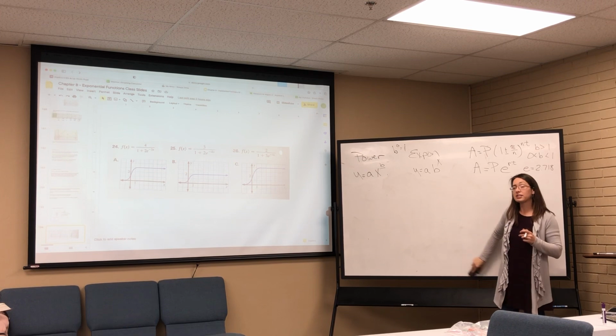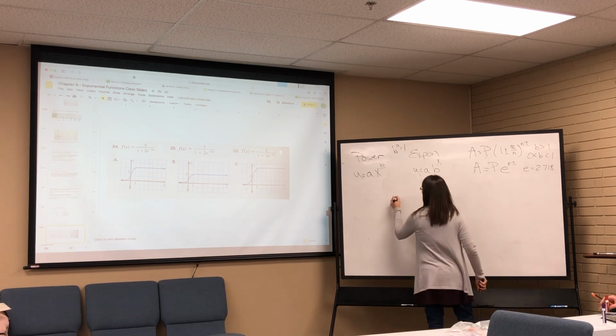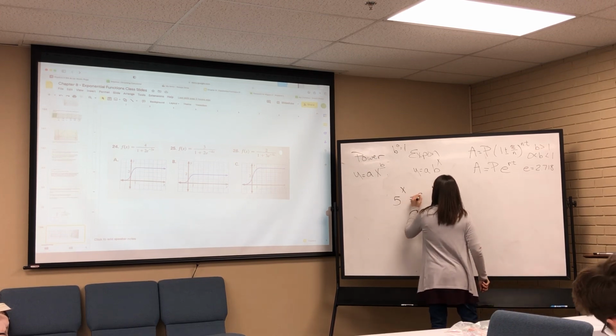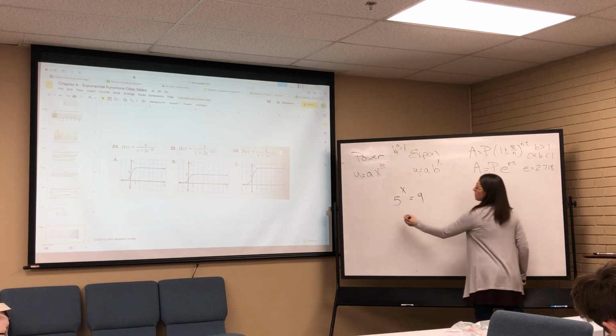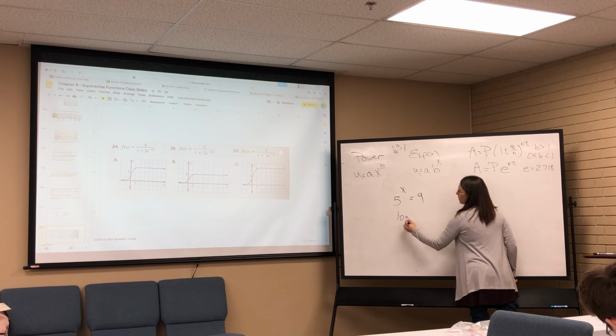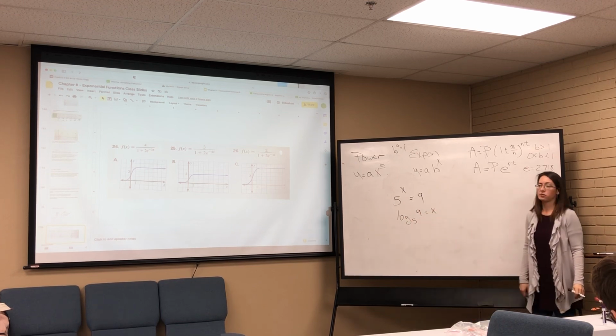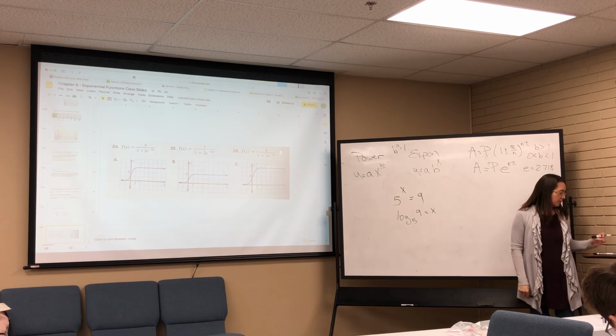No. If it's not written with logs, then you're going to rewrite it as log base 5 of 9x. There you go. So when you're simplifying or rewriting, that's what you'll need to do.